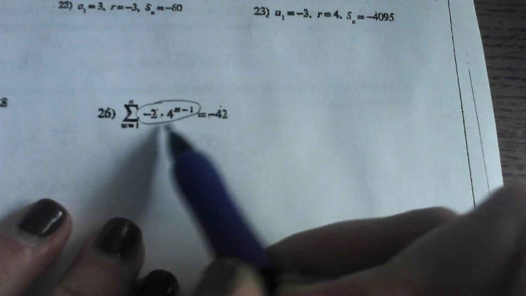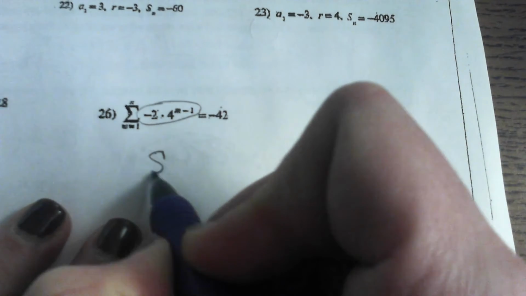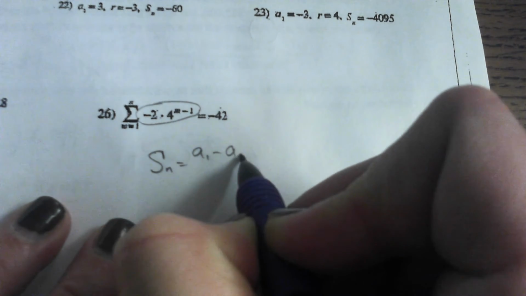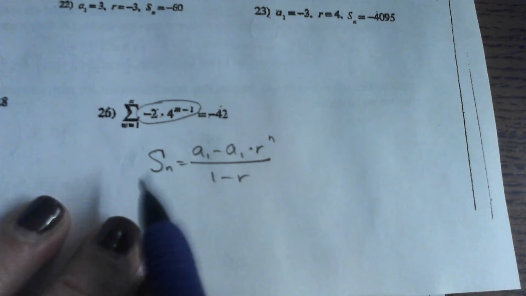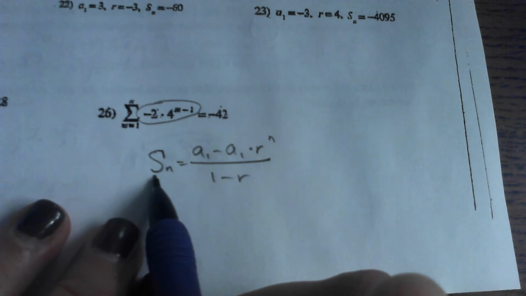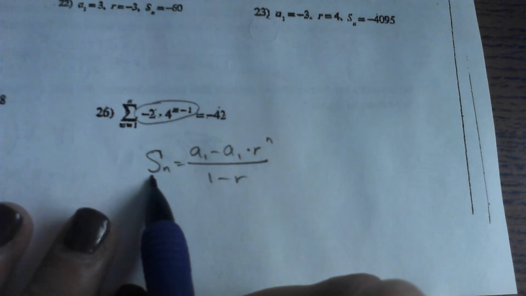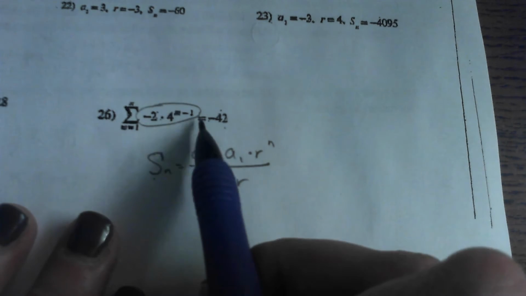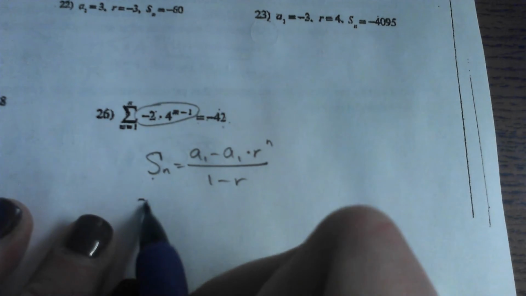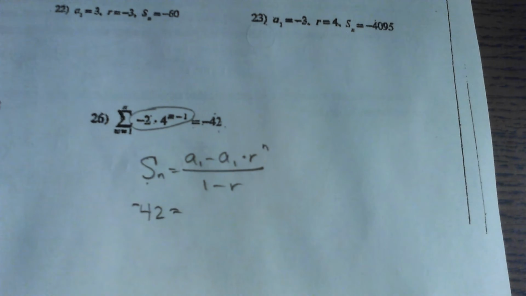Because here's your formula, and that's exponential. Perfect. So S sub n equals A sub 1 minus A sub 1 times R to the nth power, all over 1 minus R. Do you know your series total? Negative 42. Yep. So they're telling you that the sigma notation equals negative 42. That's their way of telling you you do know the series total.